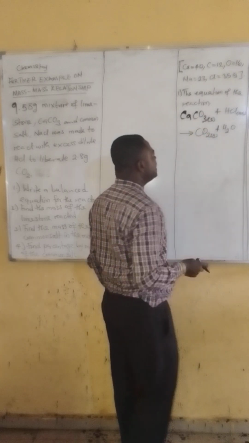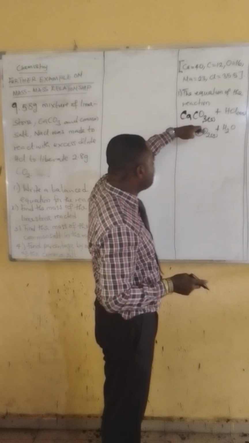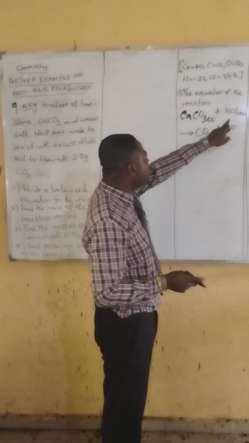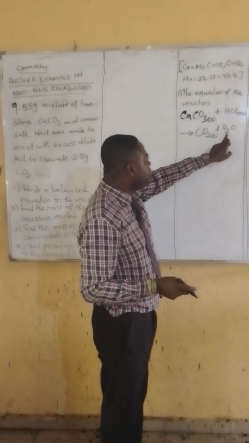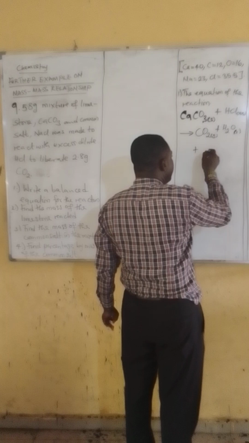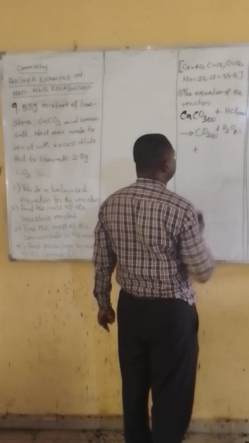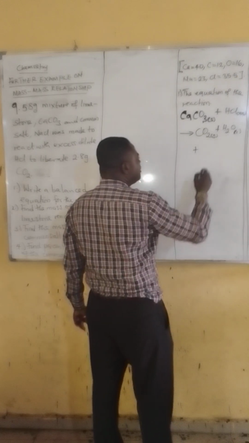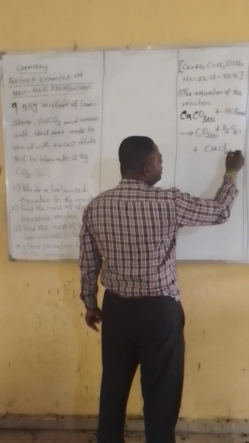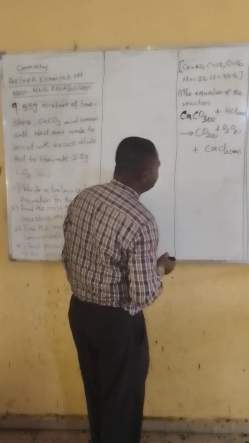Don't forget, there are 3 atoms of oxygen here. Only 2 of them form carbon dioxide, CO2. The remaining one combines with hydrogen to form H2O, which is liquid. Then plus a salt, that's calcium chloride. How do I write the formula of calcium chloride? That's CaCl2, which is aqueous.